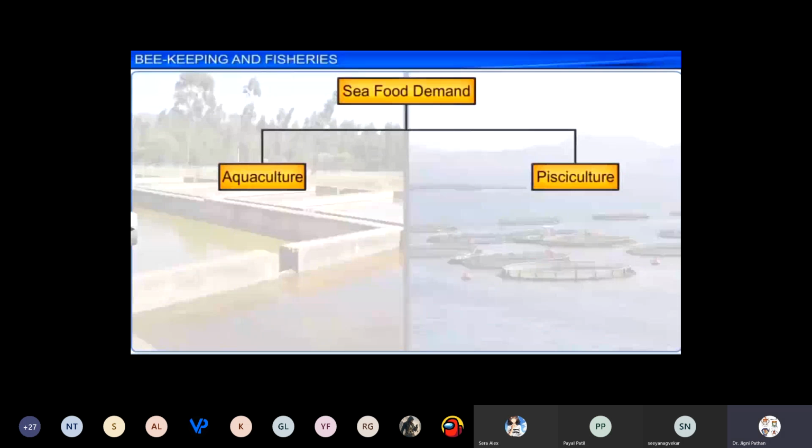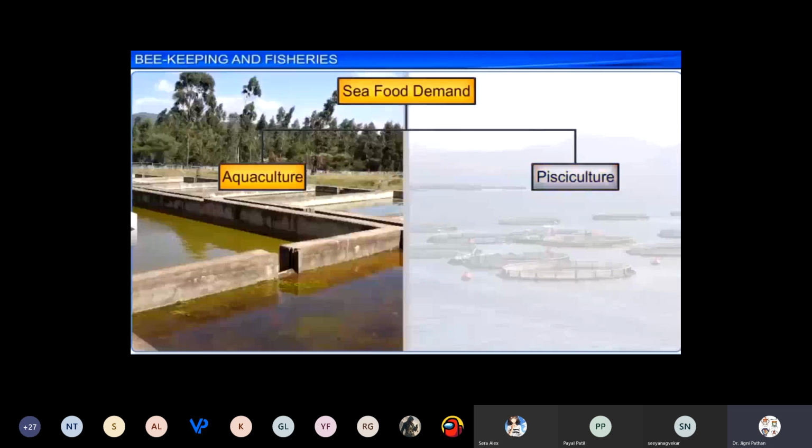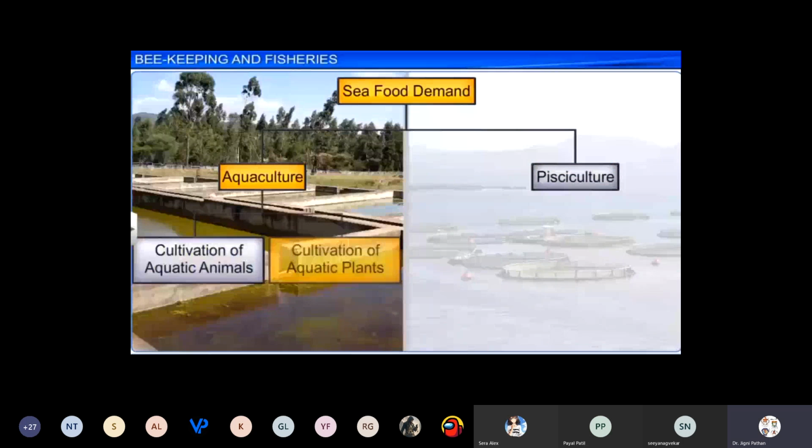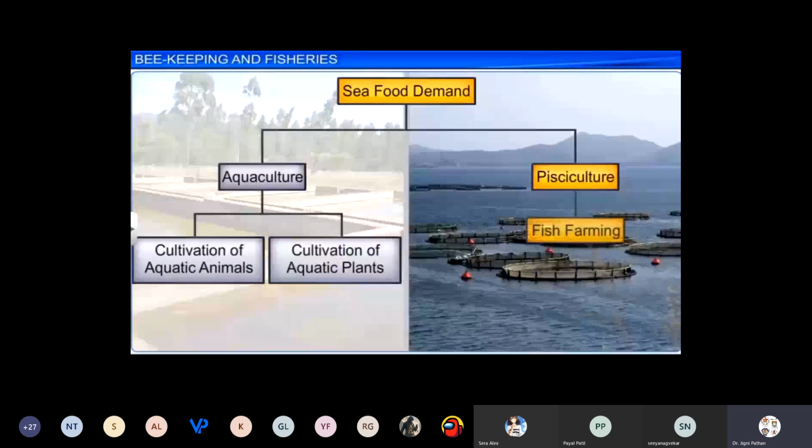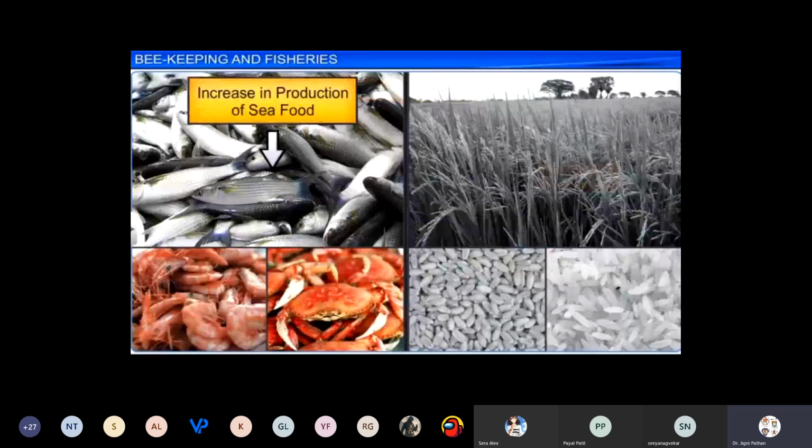Aquaculture is the cultivation of aquatic animals and plants for food, whereas pisciculture refers specifically to fish farming. This dramatic increase in seafood production was called the Blue Revolution, compared to the Green Revolution that brought about an increase in agricultural production.